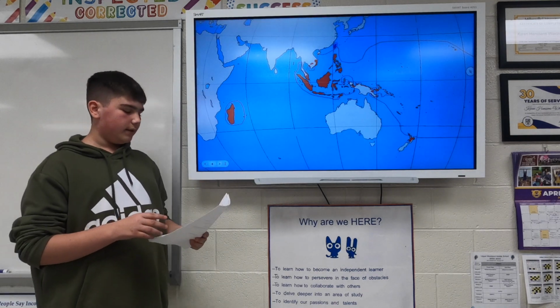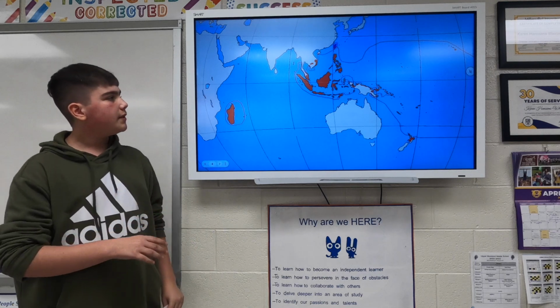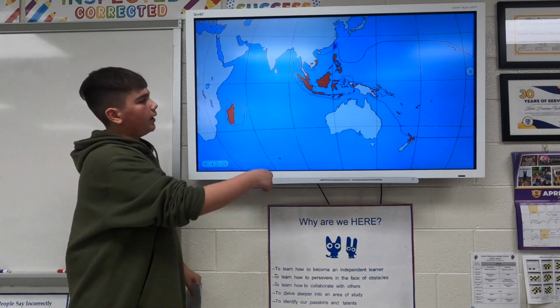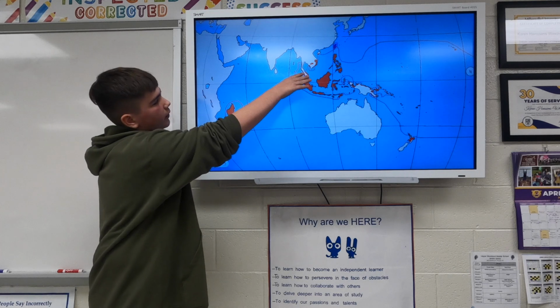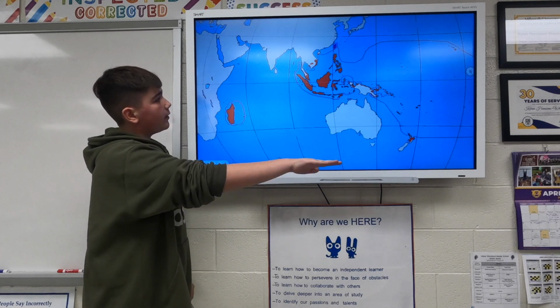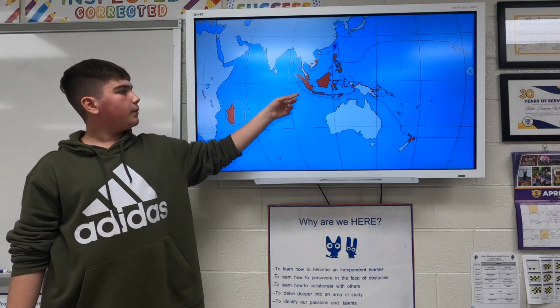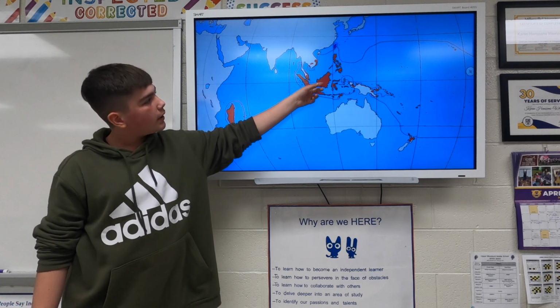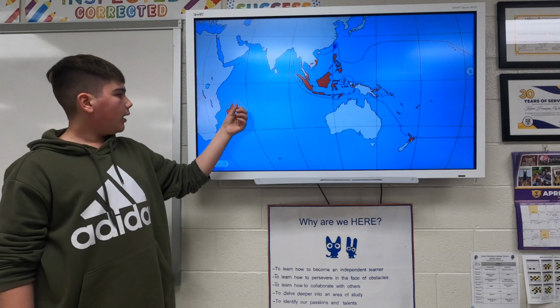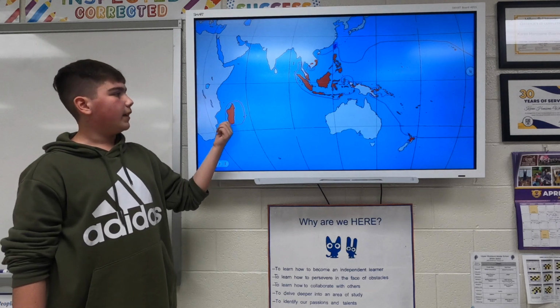And then this is Austronesian languages, starting way in Southeast Asia, in Singapore and Malaysia and Papua New Guinea, and coming over here partially in Madagascar.